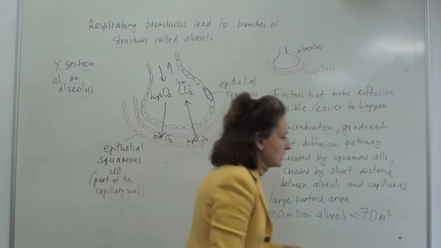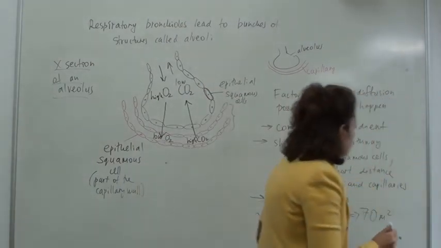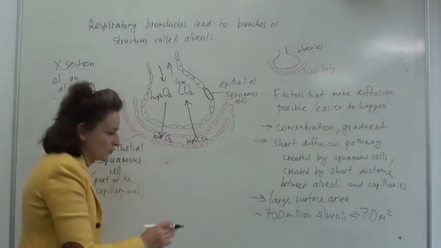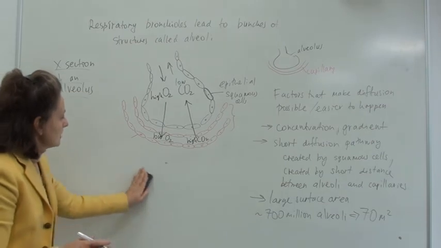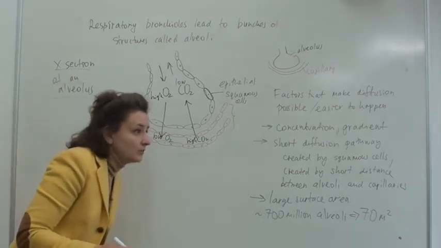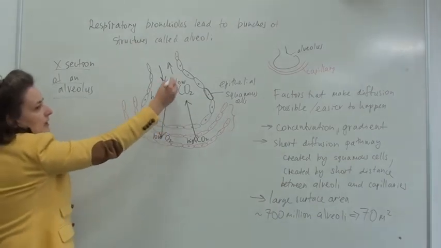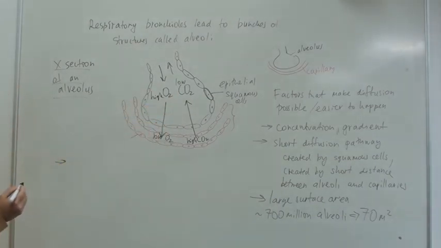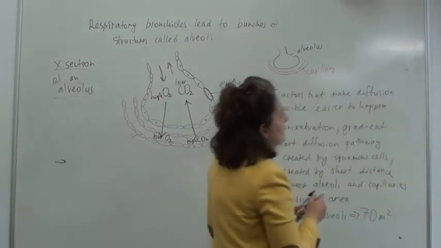Okay, so the next point is that I'll have to wipe this off if you don't mind, because I'm running out of space there. Another factor which is helping me is that on the inside of the alveolus I actually have a very thin layer of water. I'm going to use a blue pen to show that.